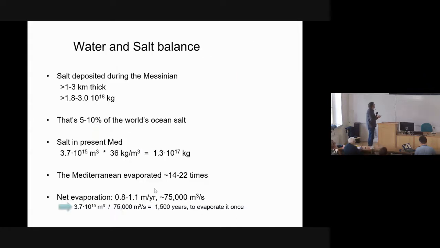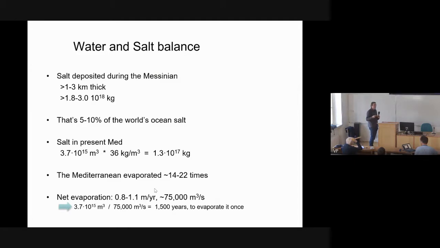All right, and if you do the numbers, the funny thing is that we know how much mass of halite has been deposited in the Mediterranean Sea. You can estimate that you would need to evaporate about 14 to 22 times the volume of the Mediterranean in order to accumulate that amount of salt.